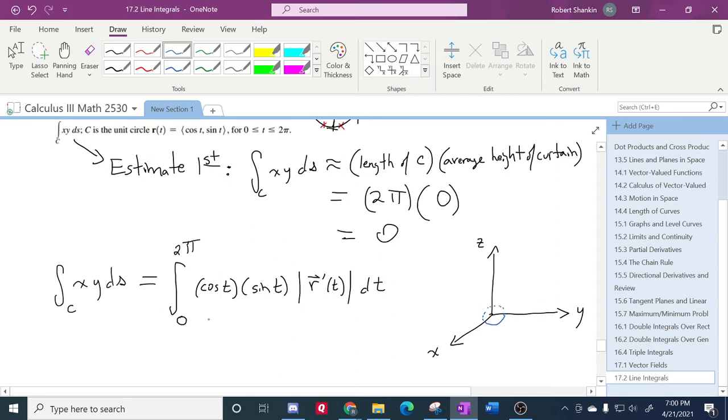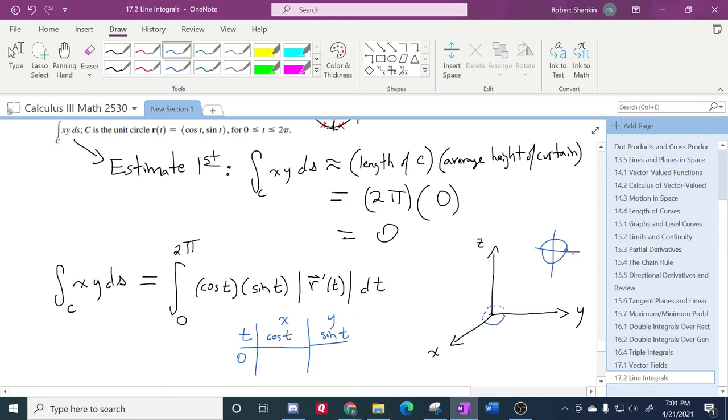When you substitute t equals 0 in here, let's just take a couple quick t values. x, which is cosine t, and y, which is sine t, and you substitute 0 in for t, you're going to get cosine of 0, and we have to do a unit circle to do this.